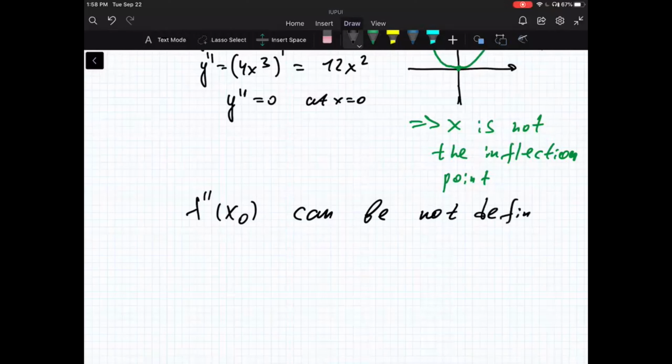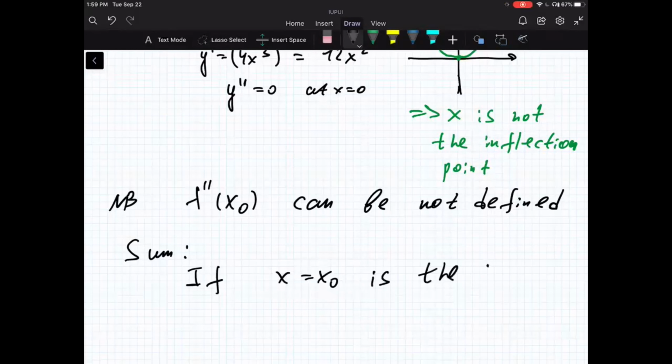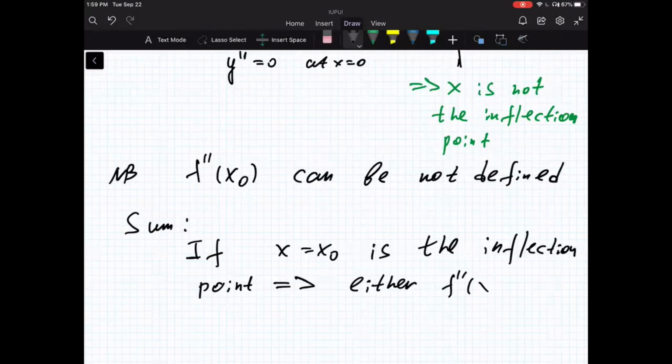And now the summary is that if at point x equals x naught is an inflection point, then either the second derivative at point x naught is 0, or the second derivative at this point is not defined.